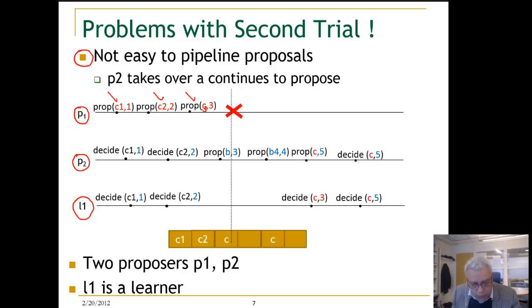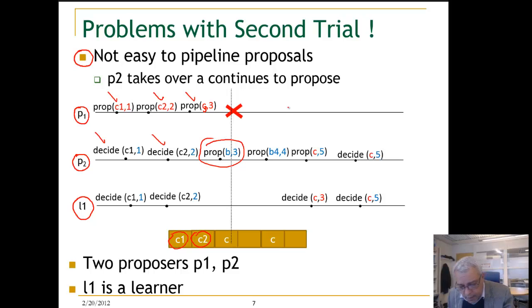And we now look at P2. P2 gets the information that C1 is decided for slot 1, and C2 is decided for slot 2. He doesn't know that P1 has proposed something for slot 3, so he proposes B for slot 3, and he thinks that P1 has crashed or is not connected, and he continues.